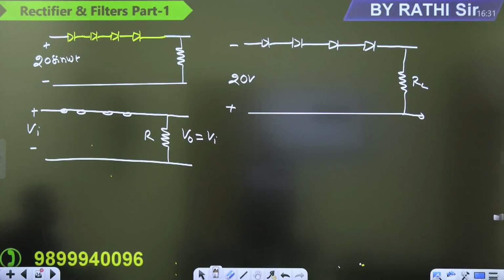Okay, tell me, very basic question. If the 4 diodes are connected, the 20 volt will be shared among all 4 diodes. So what is the voltage coming across a single diode?